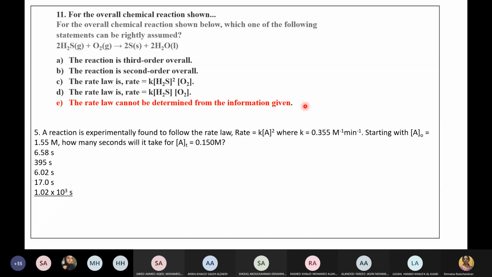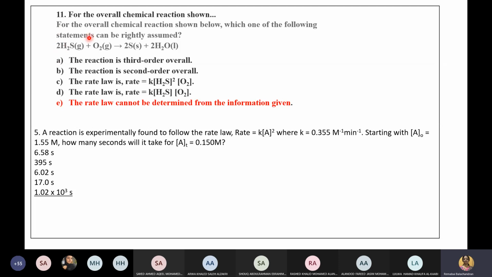Why? Because we don't have enough information about the constants or the order of the reaction to determine the overall order. Why don't you take this 2 and this 1? These are the moles, not the order of the reaction. We can't determine it. So in order to do this question, you need to get the data.